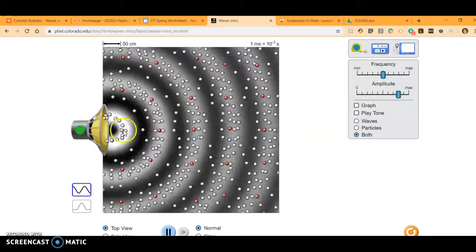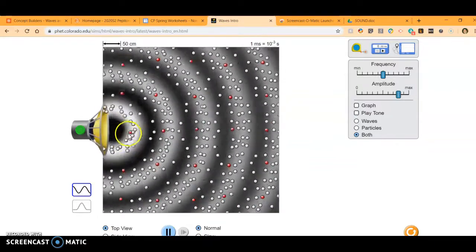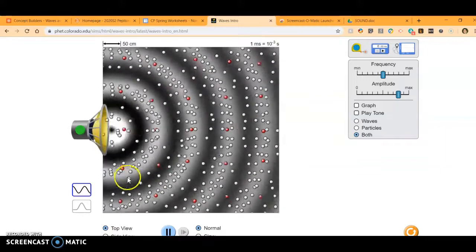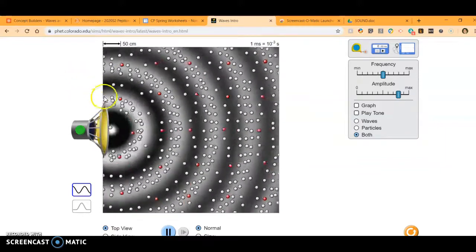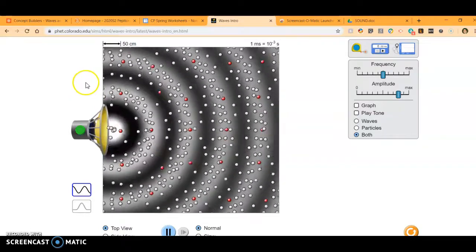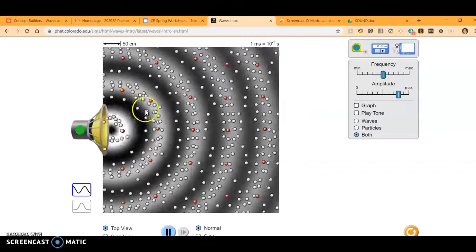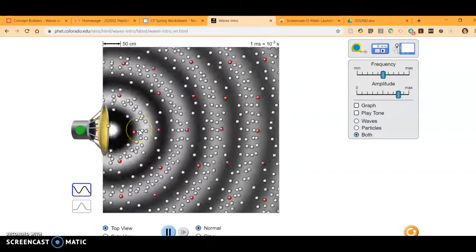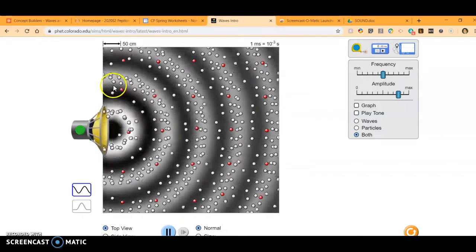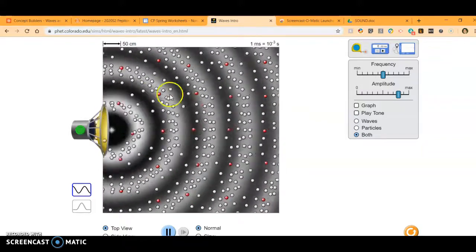Now we're going to ask you about these red dots here, a couple of things. First thing is where the red dots appear in this kind of wave, and you need to know what kind of wave it is in order to do that. The two types of waves that we can categorize by particle motion is either transverse or longitudinal. This particular wave does not move with an S shape.